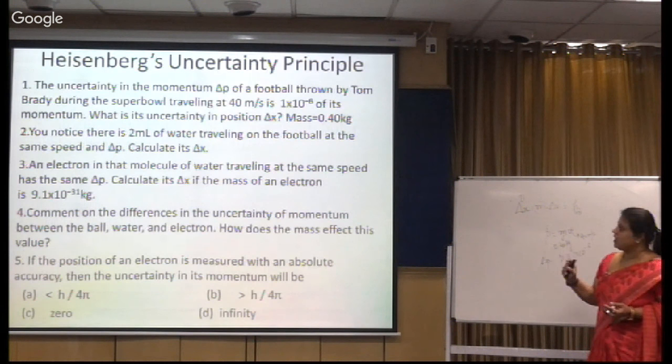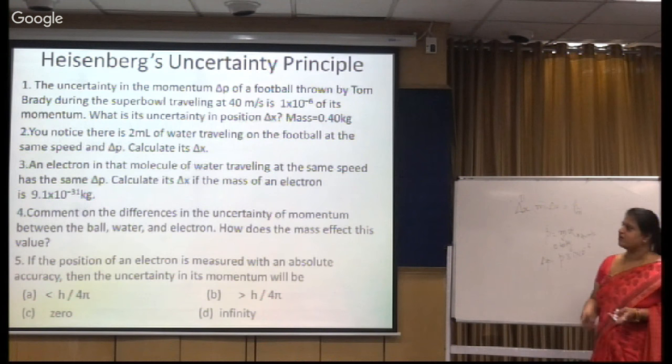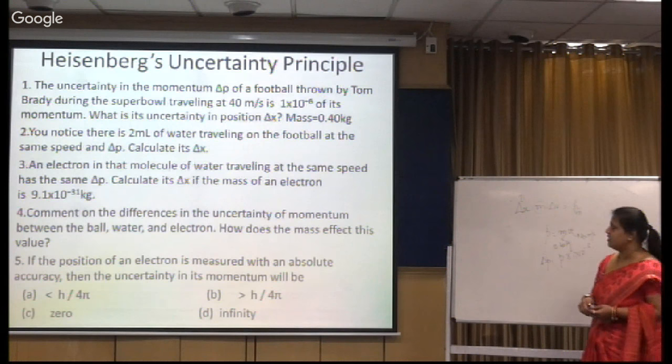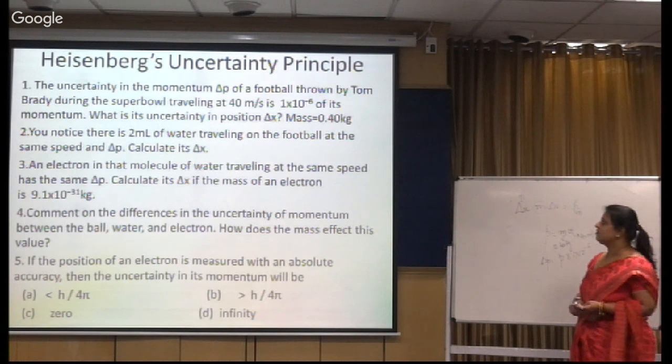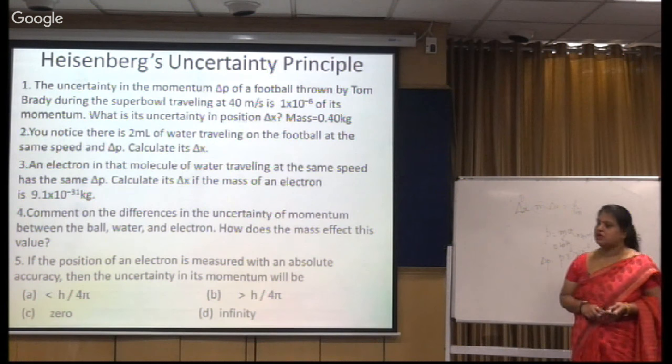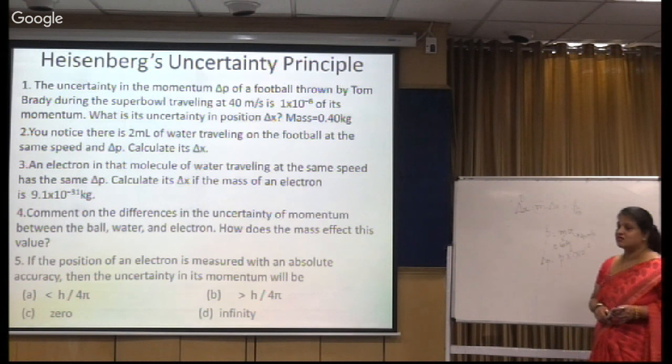Okay, and in continuation, you have another question. You notice there is 2 ml of water traveling on the football at the same speed and delta P. Calculate its delta x. It is in continuation. Try to understand this question.